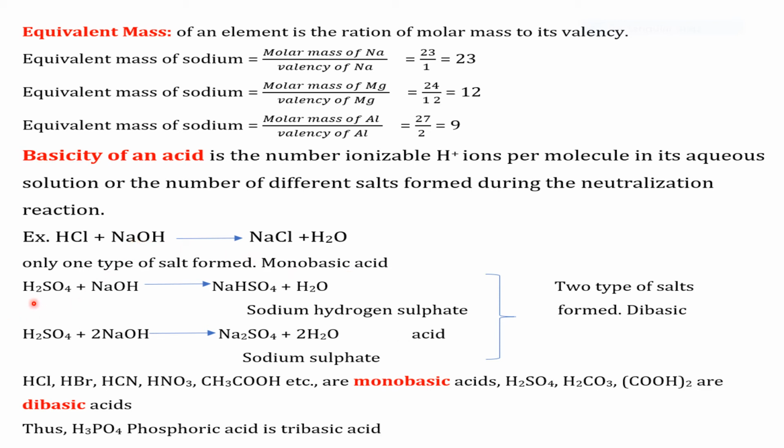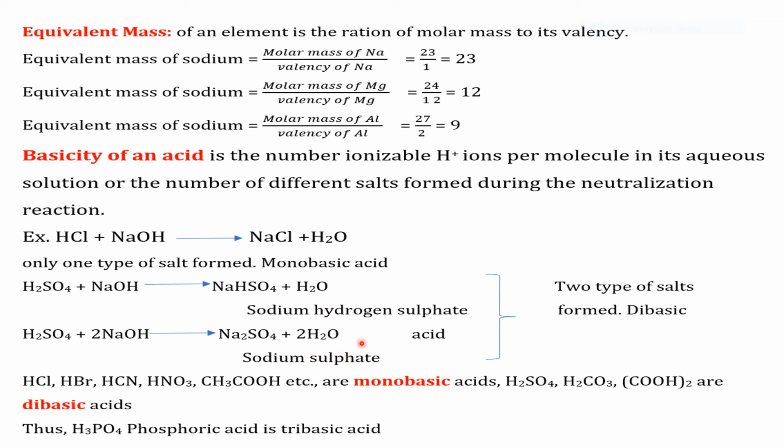On the other hand, if we take sulfuric acid, H2SO4 plus NaOH gives NaHSO4, that is sodium hydrogen sulfate, one salt. And if the reaction goes this way, H2SO4 plus 2NaOH, we get Na2SO4, that is sodium sulfate. So the same sulfuric acid combines with alkali, and we get two types of salts, sodium hydrogen sulfate and sodium sulfate.